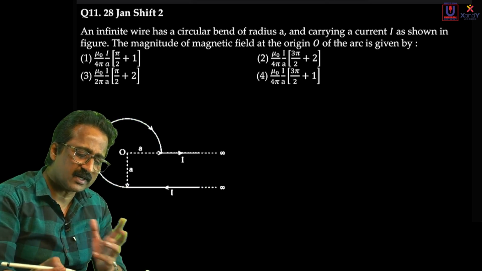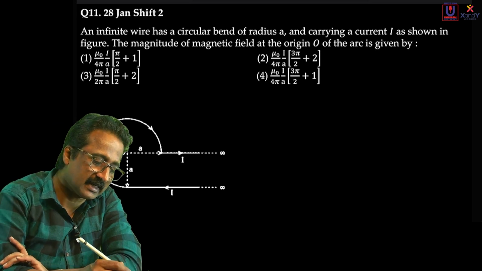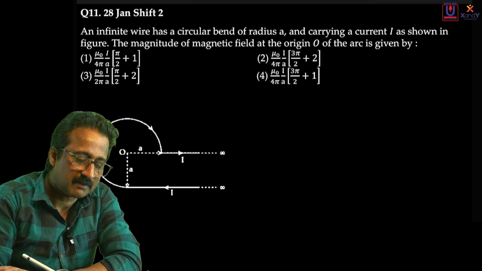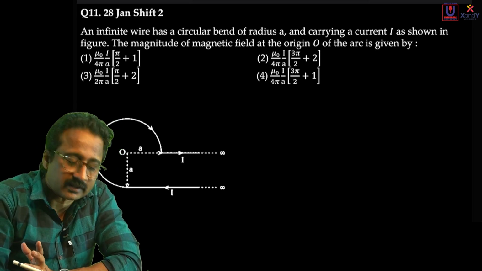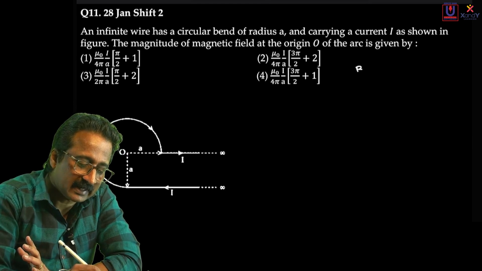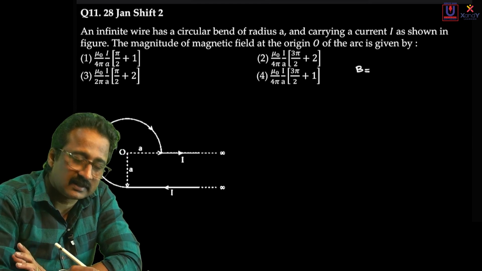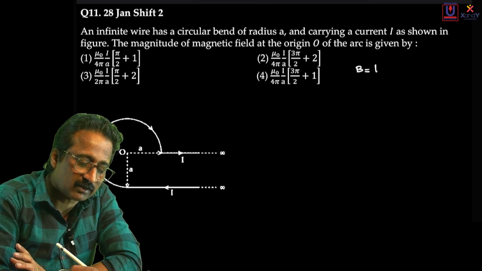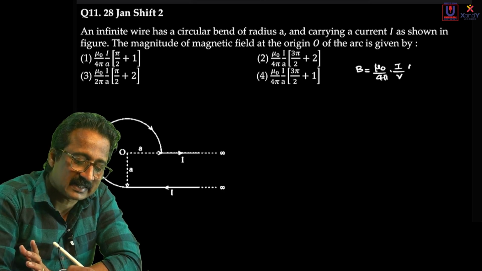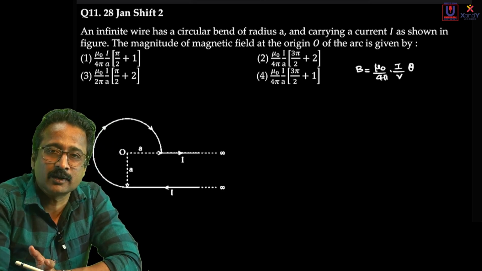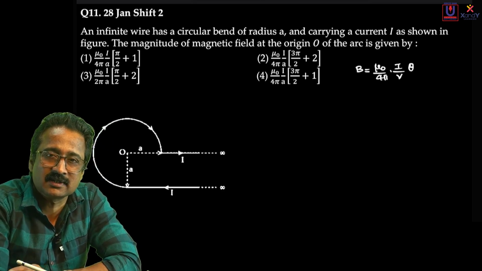Now they are independently given by expressions you know. I'll give you first the expression for the magnetic field due to a circular arc. If you have an arc which subtends an angle theta, then the magnetic field at the center of the circle is given by mu0 by 4 pi, into I by r, where r is the radius, into theta. That is the general equation for the field produced by any circular arc.